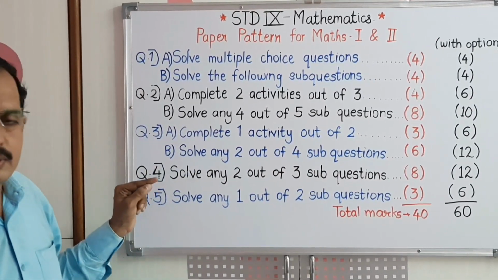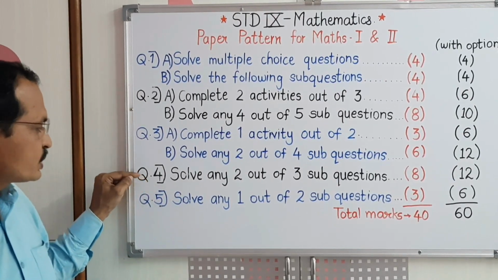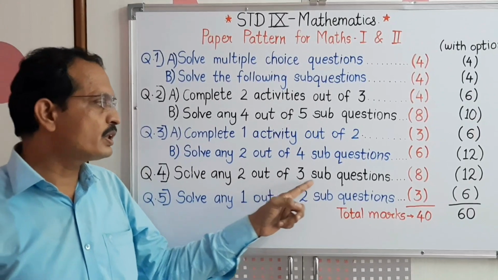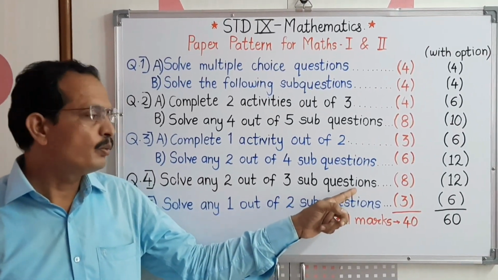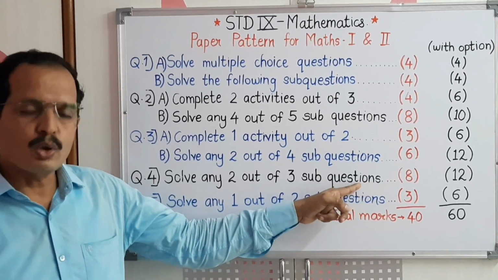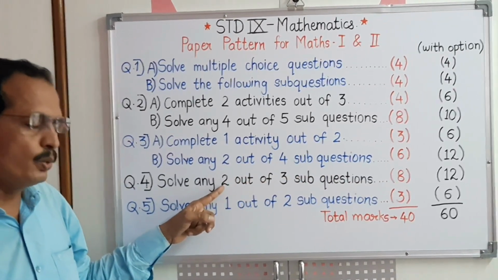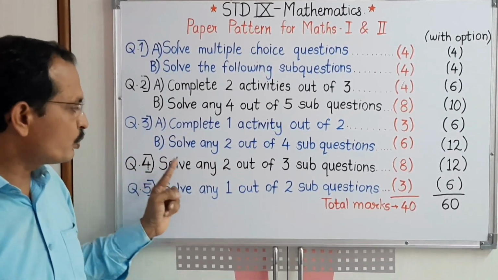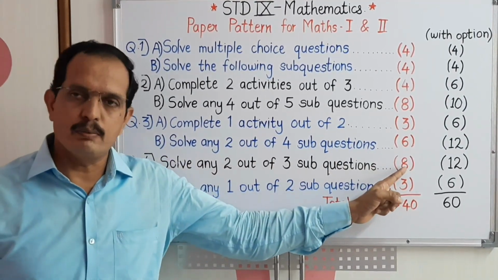Now, dear students, question number 4 is there. Solve any 2 out of 3 sub questions. 3 sub questions will be given and out of those we have to solve 2, and each question carries 4 marks. Therefore, question number 4 is for 8 marks.